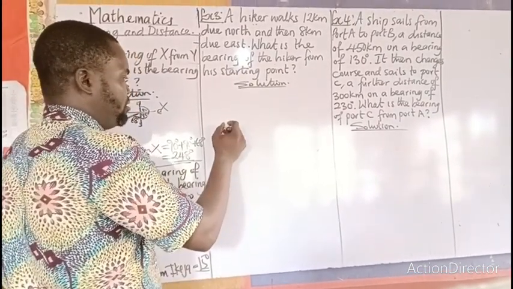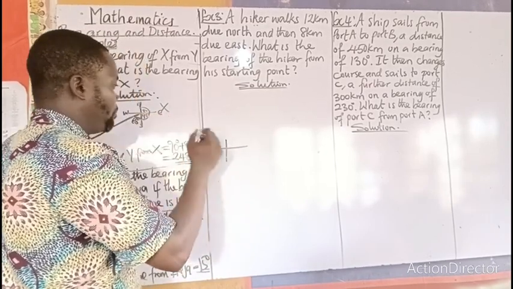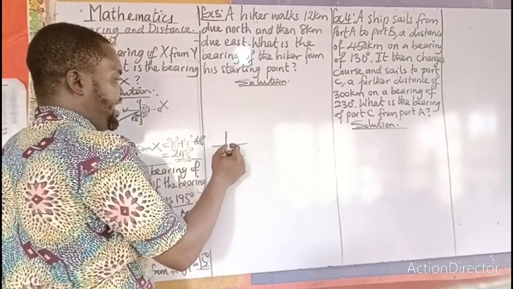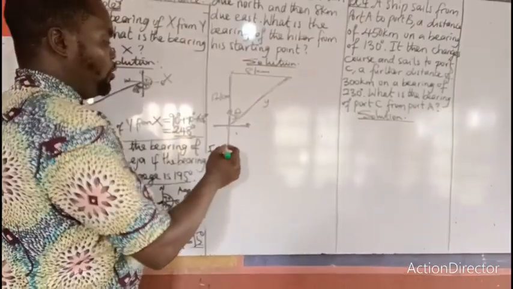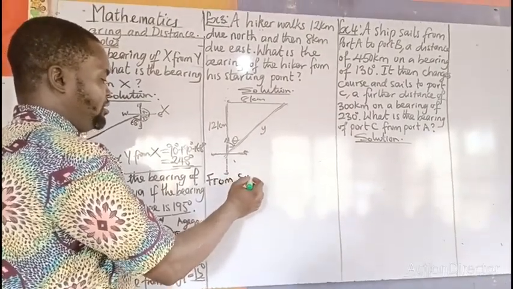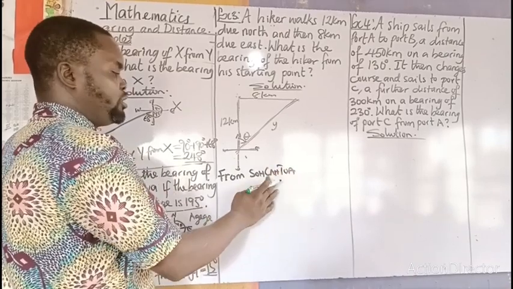So we do it again now. The hiker was 12 kilometers due north. This is the hiker now. Why do you know it's going to be SOHCAHTOA?